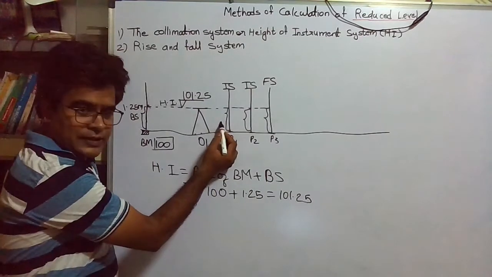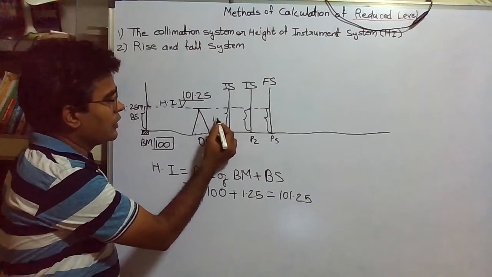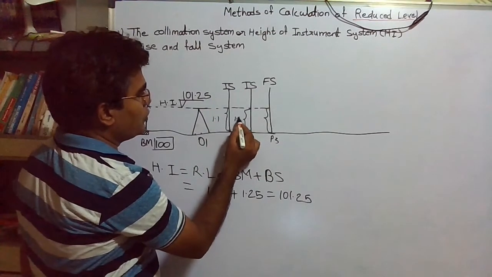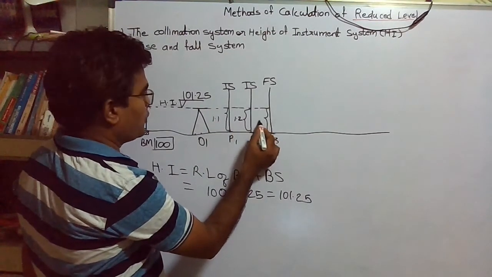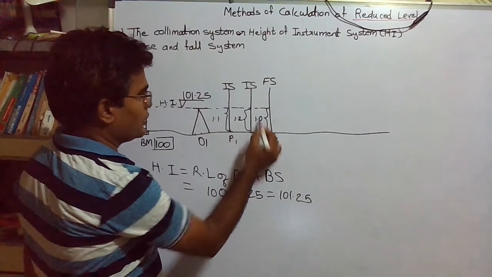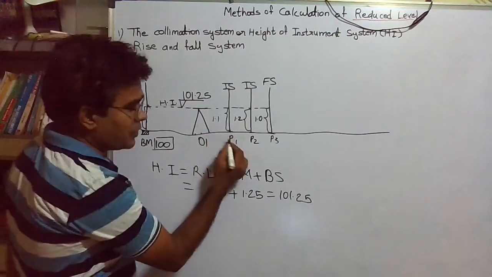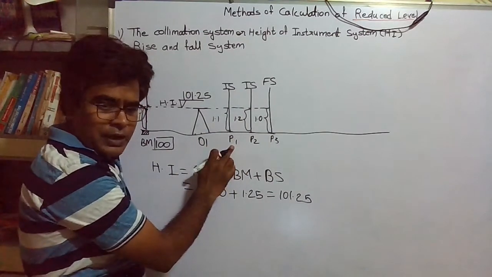simply deducting these readings. Suppose here we got a reading of 1.1 meter, here we got 1.2 meter, and here we got 1.0 meter. So how can we find the RL of these different points? What will be the RL of P1?